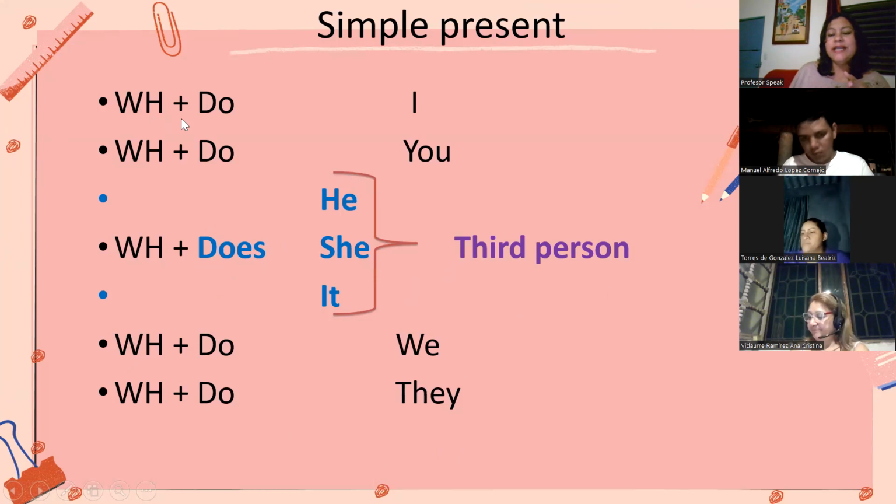I only put WH, but you know that with the WH, we have different options. So you can choose one WH word, but the structure is the same. You put the WH word, the auxiliary according to the subject pronoun or the subject, the auxiliary do, or the auxiliary does if it is a third person, okay? That is the structure.